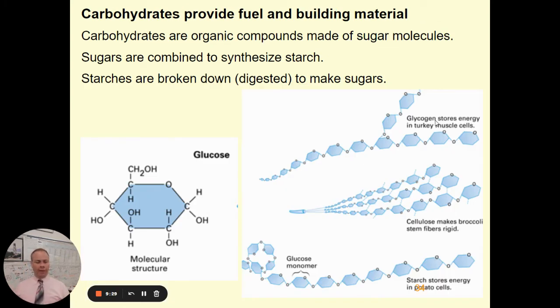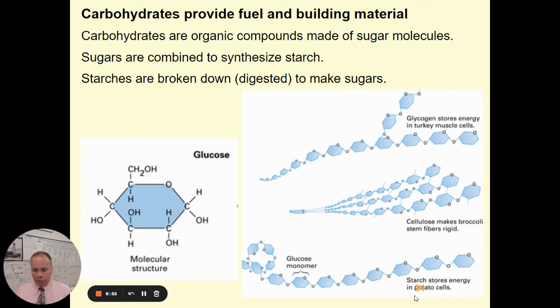Carbohydrates provide energy. They store energy. Sugars are carbohydrates. Glucose is a carbohydrate. Starch is a carbohydrate made of many glucose molecules bonded together. And so in some cases, many glucose molecules are combined to form starch through the process of synthesis.